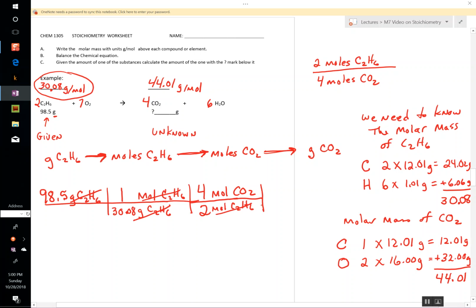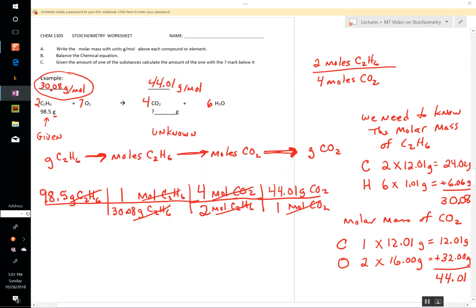And then finally, we want to convert moles of CO2 into grams of CO2. So the mole of CO2 needs to be down here and grams of CO2 up here. And what is it? It's 44.01 grams of CO2 per 1 mole of CO2.